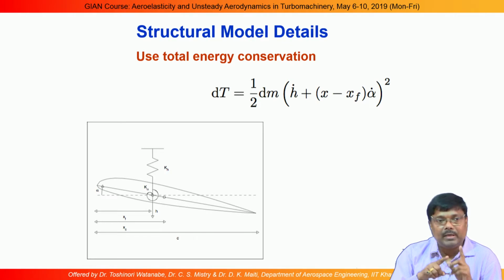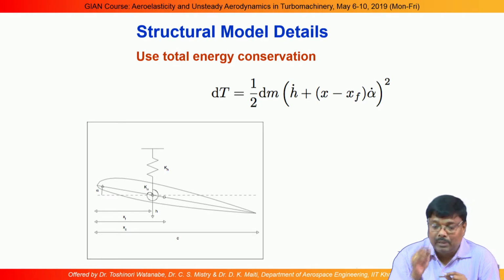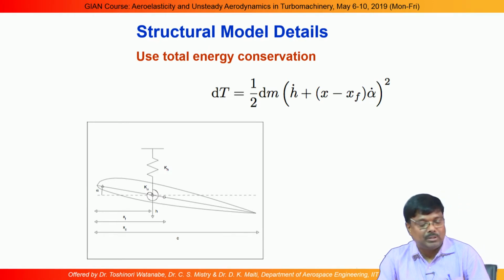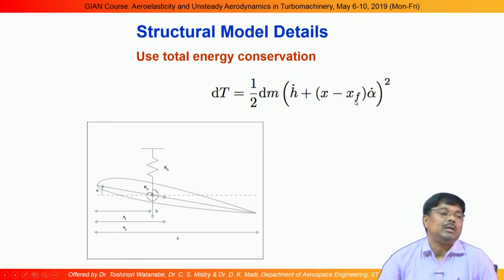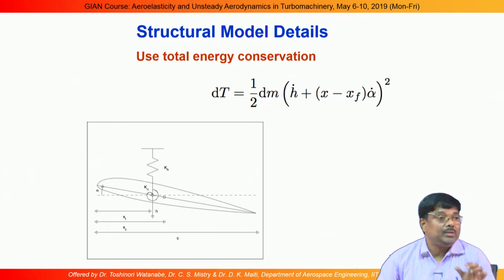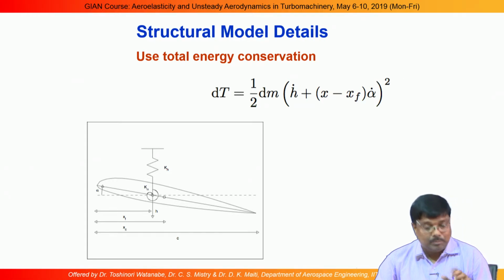So, if I consider that the effect of alpha is on the overall deformation of the h, that is coming h plus x minus xf into alpha dot, that is the total deformation actually at the center of x minus xf.